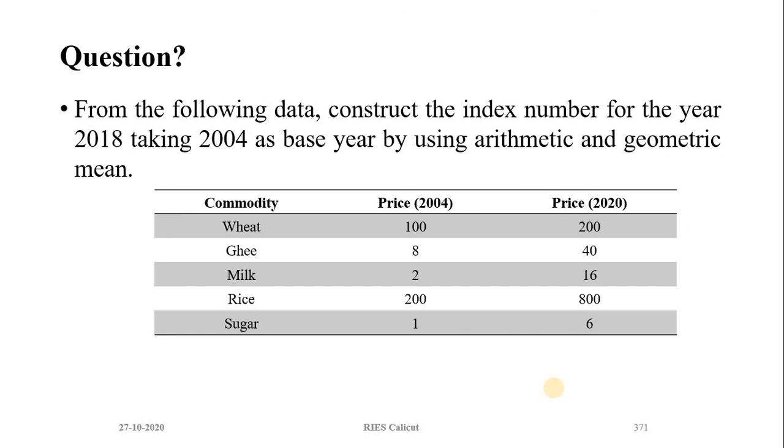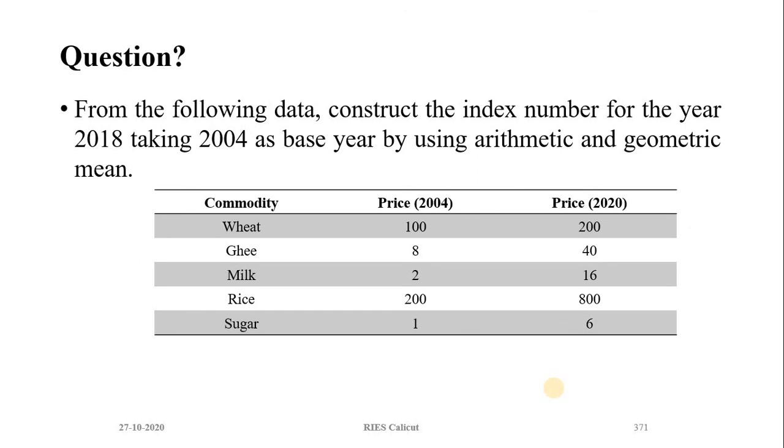So today we have discussed certain basic ideas about the index number: why an index number is necessary, what an index number is, who constructed the first index number, then the characteristics of an index number, then types of index number: price index number, quantity index number, volume index number.